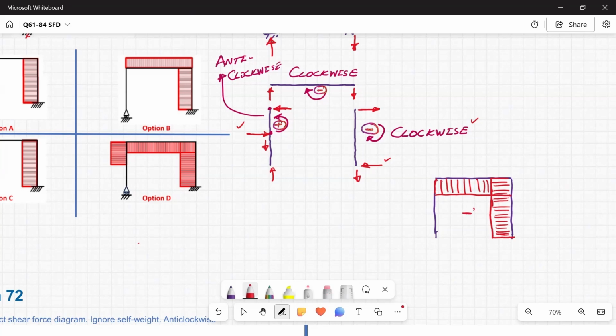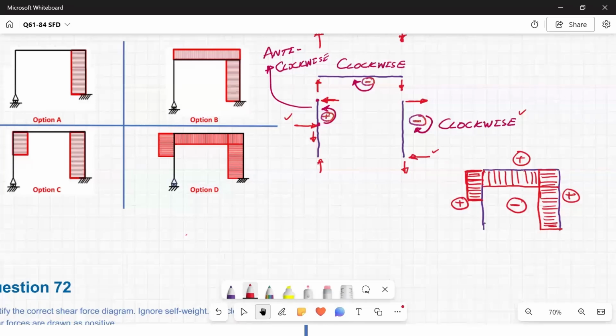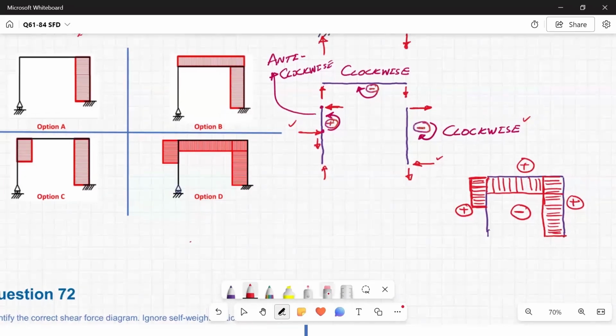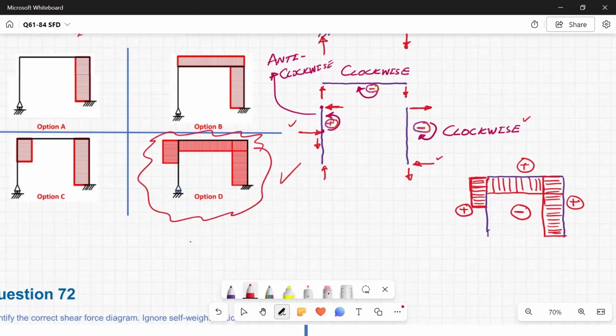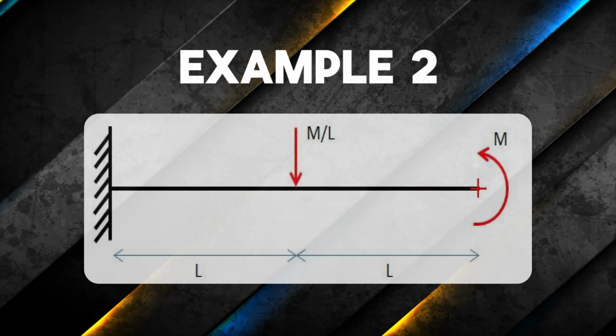This is the negative side, and these are positive sides. Anti-clockwise moment is positive, so here we have an anti-clockwise moment at half of the column height. In this way we are able to draw the diagram, and the correct option is option D. So that is how we draw a diagram.